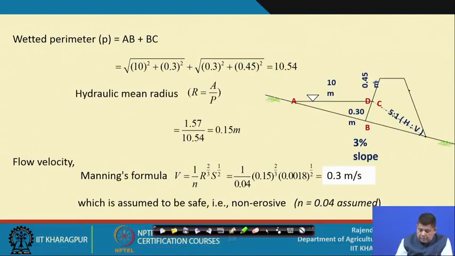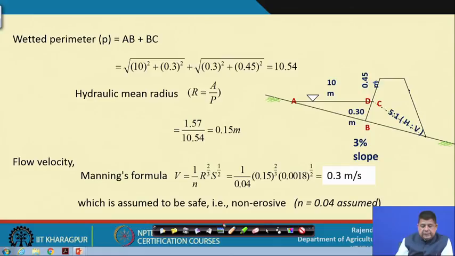Now, the next thing we have to calculate is the wetted perimeter. Wetted perimeter, we saw that it is nothing but the length that is in constant touch with water. In this case, it will be AB and BC. So, AB and BC we can find again from the same two triangles.